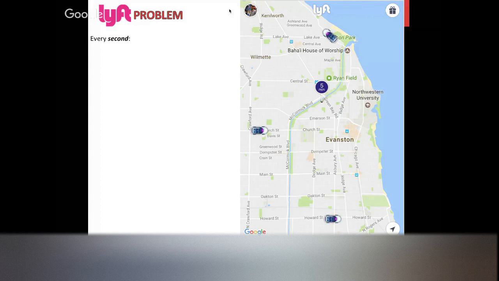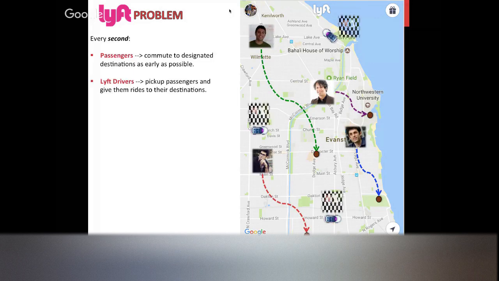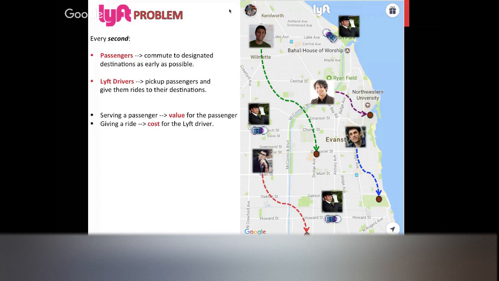In the Lyft problem, every second, we have passengers who want to commute from their location to some destinations. And then we have drivers who want to pick up the passengers and give them rides to their destinations. We assume that each passenger has a value for the ride that he's interested in, and giving the ride has some cost for the drivers. Now the goal of Lyft, if Lyft is a good company, is maximizing social welfare, which in this example is defined to be the total generated value.